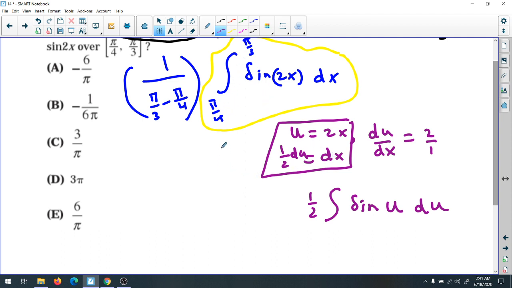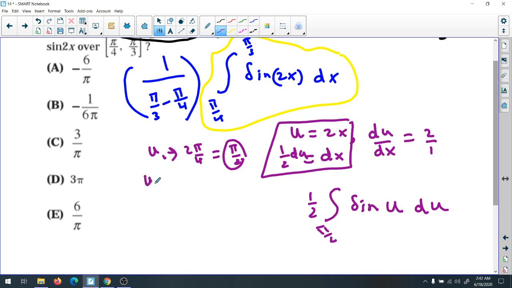So you plug in pi over 4 and pi over 3 to find u1 and u2. u1 will be 2 times pi over 4, which is pi over 2, the new bound.